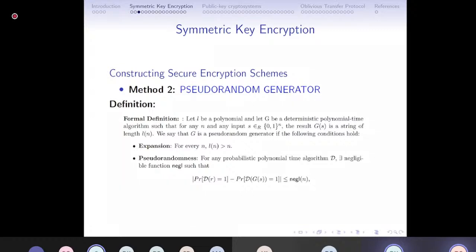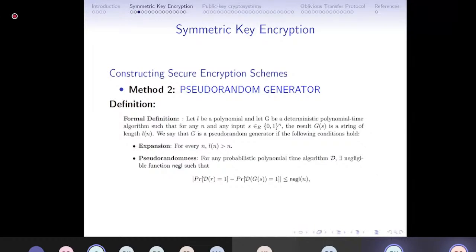So the formal definition of the pseudo random generator is this: suppose that L is a polynomial and G is a deterministic algorithm. What is the meaning of deterministic algorithm here? For the same input, if we feed it into G, which is a deterministic algorithm, then every time it will give you the same output.